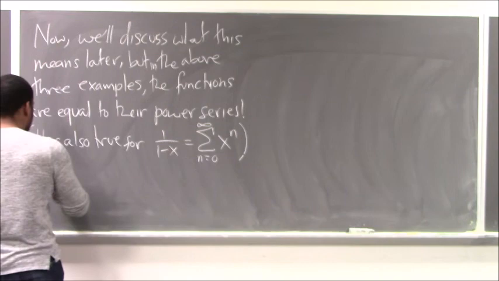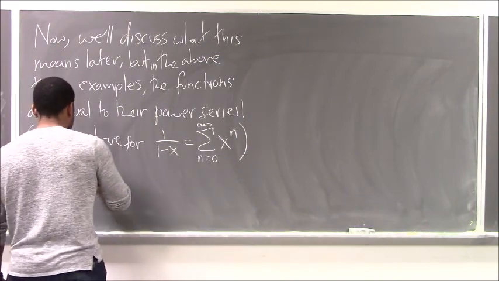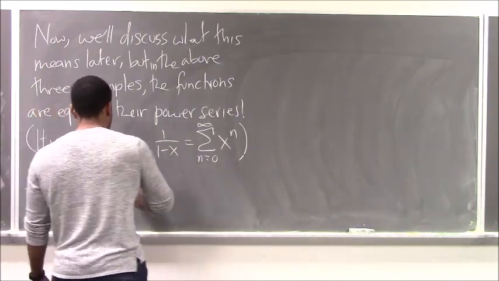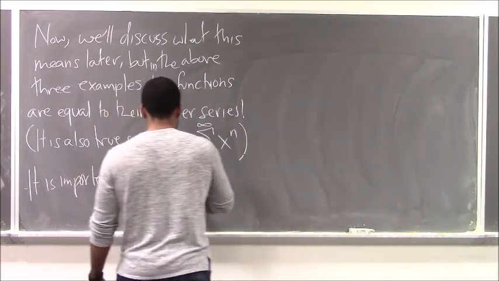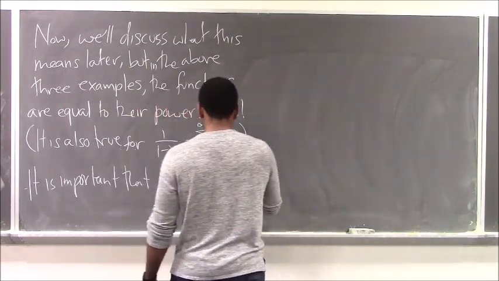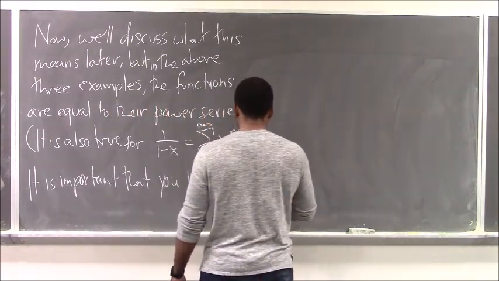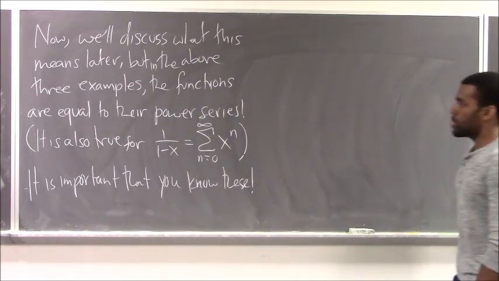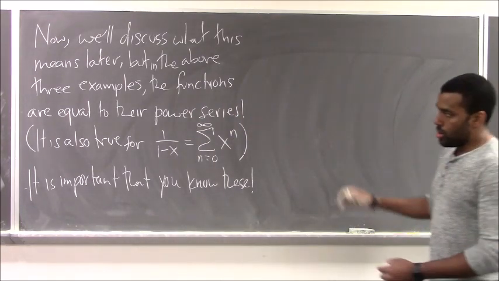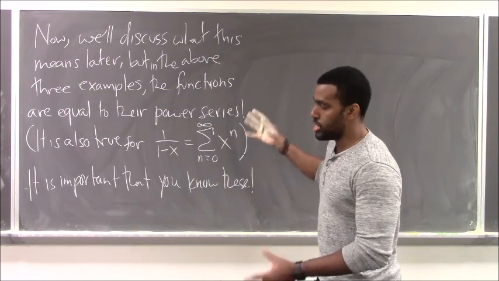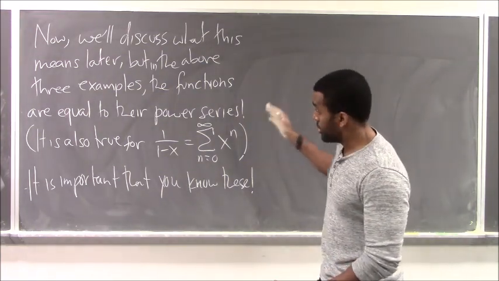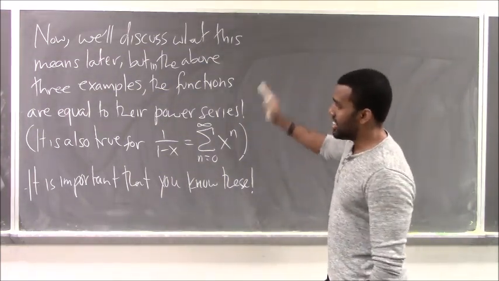It is important that you know these. We're going to explore this a little bit more in a little bit, but just know that these guys are equal to their series.